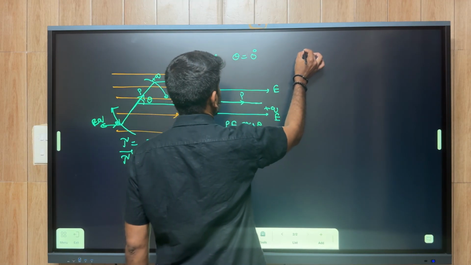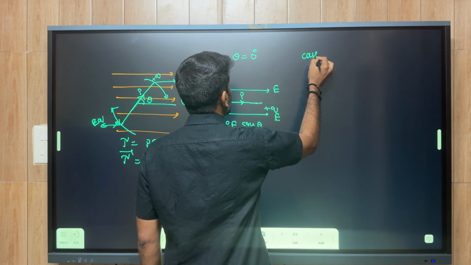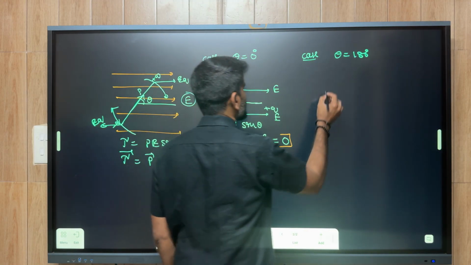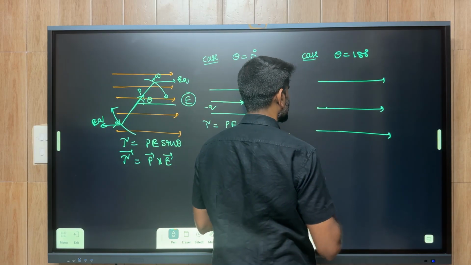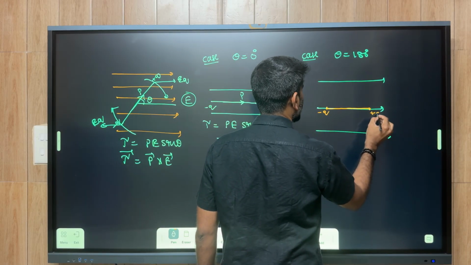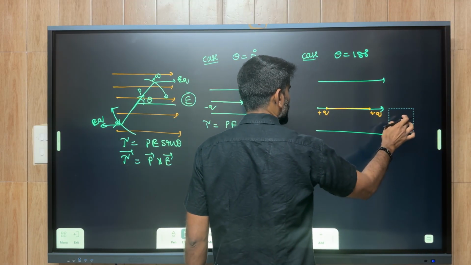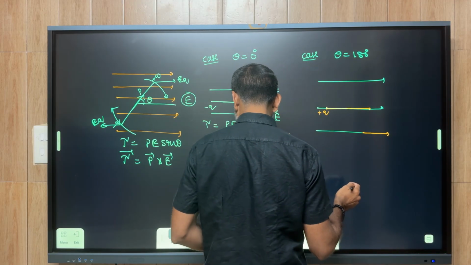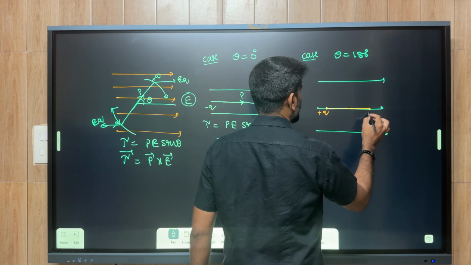Let us discuss one more case where theta is equal to 180 degrees. Let us suppose this is the electric field and the dipole is aligned, this is plus q and this is minus q.